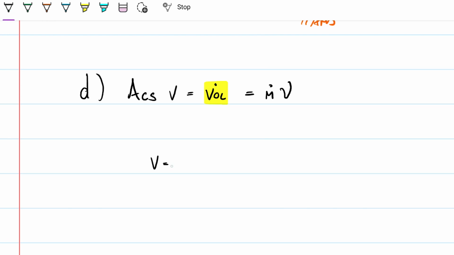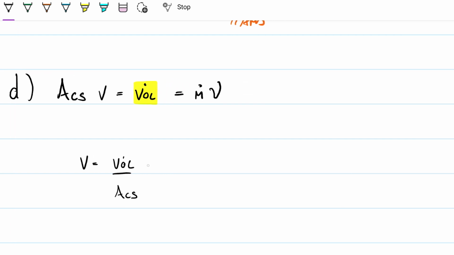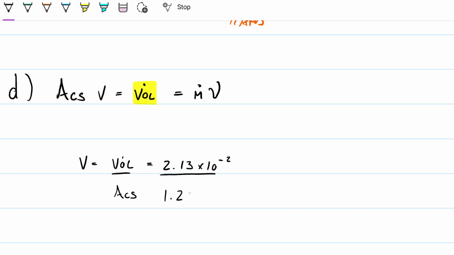The velocity will just be the volumetric flow rate divided by the cross-sectional area. The volumetric flow rate that we just found is 2.13 times 10 to the minus 2, divided by the cross-sectional area, which we found earlier to be 1.256 times 10 to the minus 4.